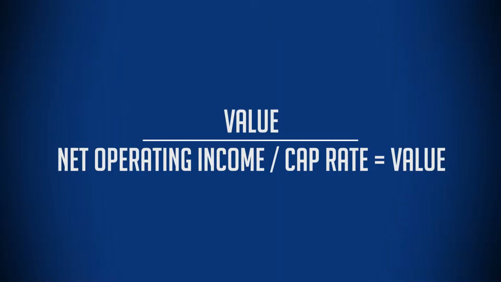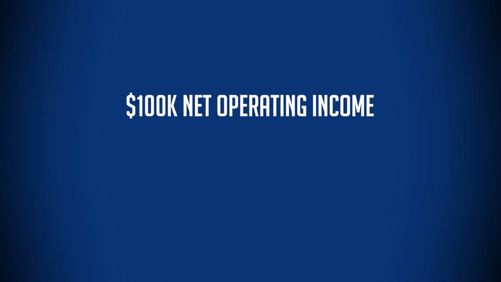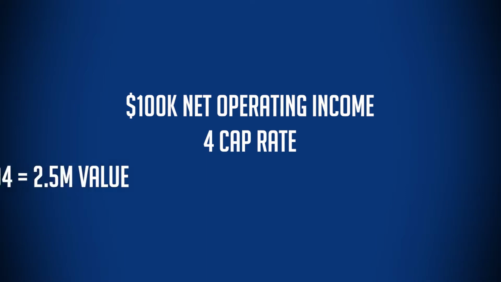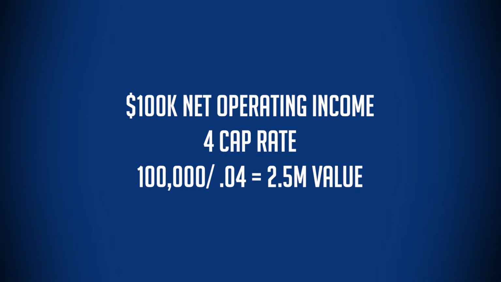That income is how you determine the value, because you divide the net operating income by the cap rate, or the capitalization rate of an area, and that gives you the value of a property. So for example, if the net operating income was $100,000 and we had a cap rate of 4 for that particular area, we could do $100,000 divided by 0.04, and that would give me the value of that property.